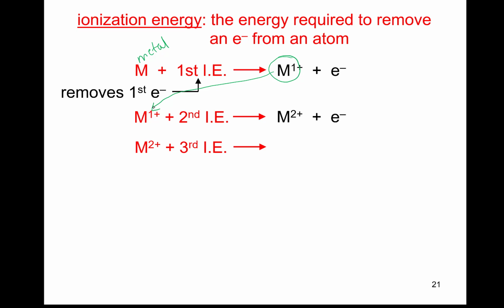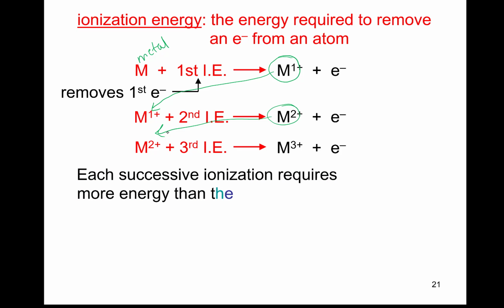We could maybe even do this a third time. We take our M2+ cation and we put in enough energy to remove a third electron, and we get yet a third electron. So each successive ionization will require more energy than the prior one. Every time you try to remove an electron, it's going to take energy.